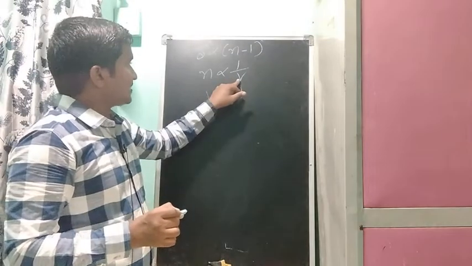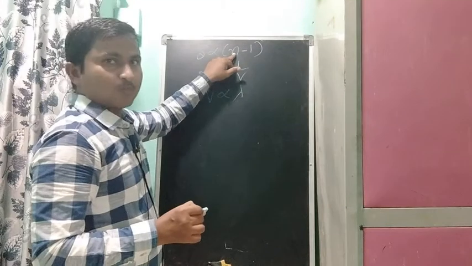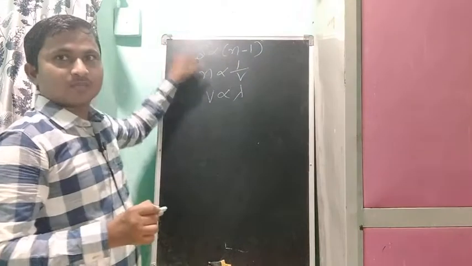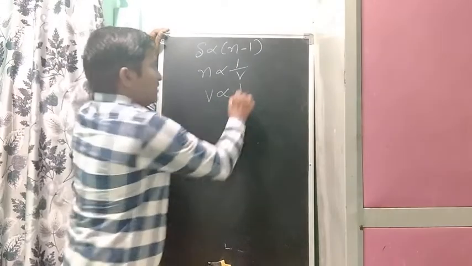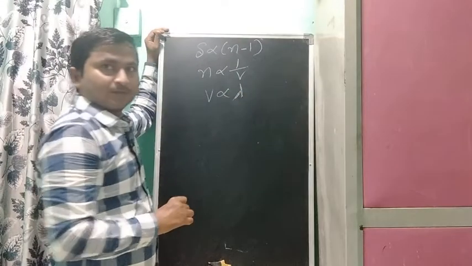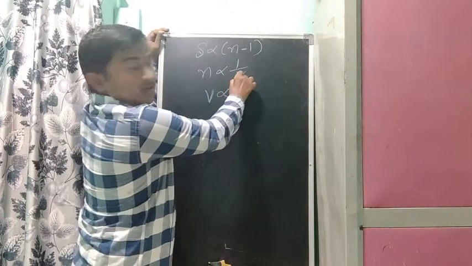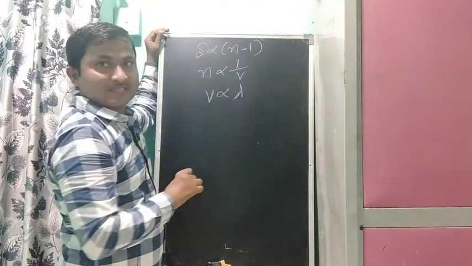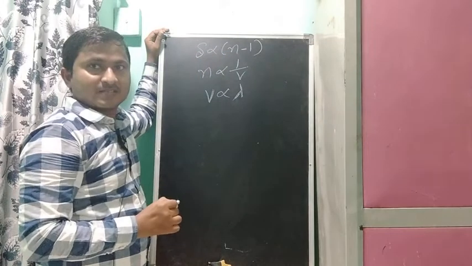If the speed of light is less, refractive index is more. If the refractive index is more, the angle of deviation is more. Similarly, if the wavelength of light is more, the speed of light is more. If the speed of light is more, the refractive index is less. If the refractive index is less, the angle of deviation is less.